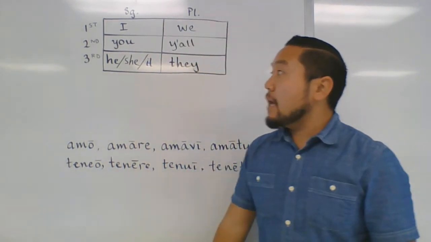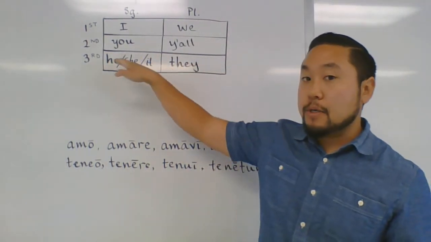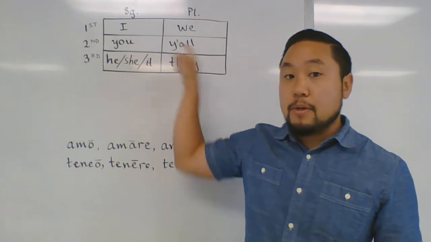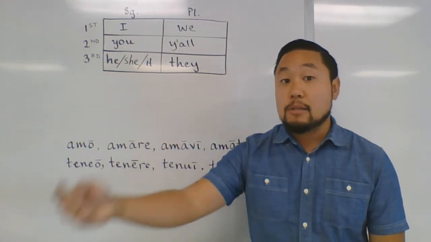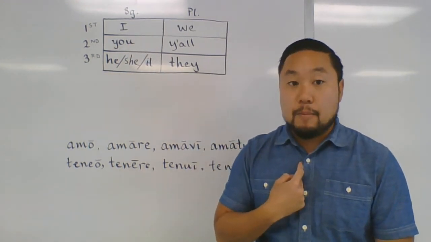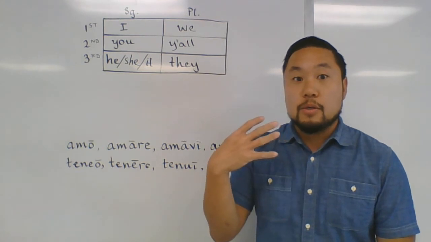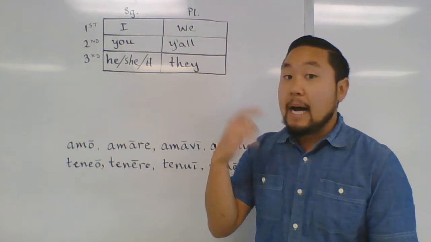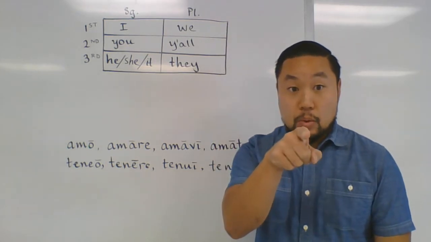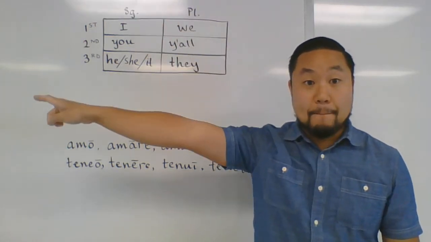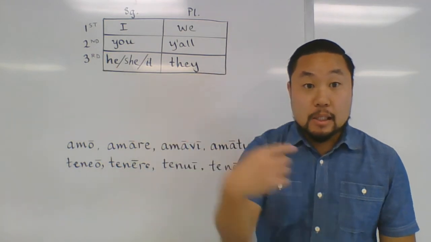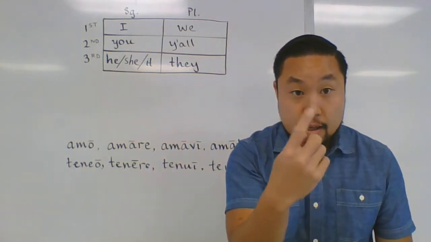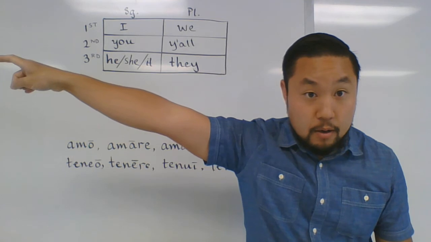So why in the heck is this kind third person and this kind second person? Well, here's the deal. It has to do with the proximity of the subject to the thing being spoken about. So if I say, I tell you about them, this is a conversation between you and I about those people over there.